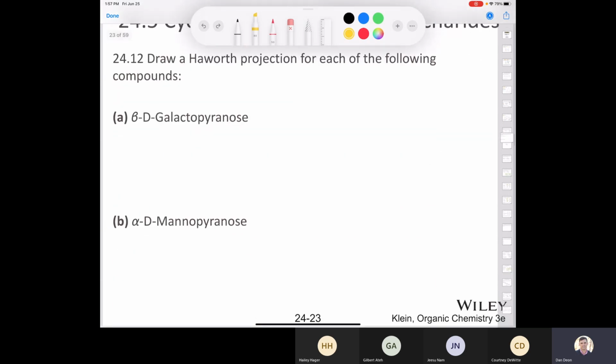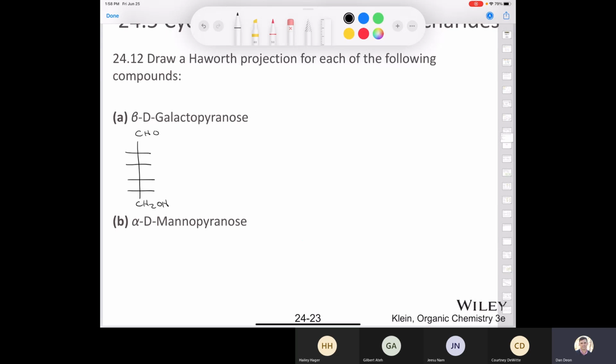So let's do some questions, things that I would expect you to be able to do. Let me show you what I do expect you to be able to do. And I don't expect you to memorize what galactose is and what mannose is. I would give you those. But let's say you had this. So I'm going to draw the structure of galactose. Okay, so we have 1, 2, 3, 4.